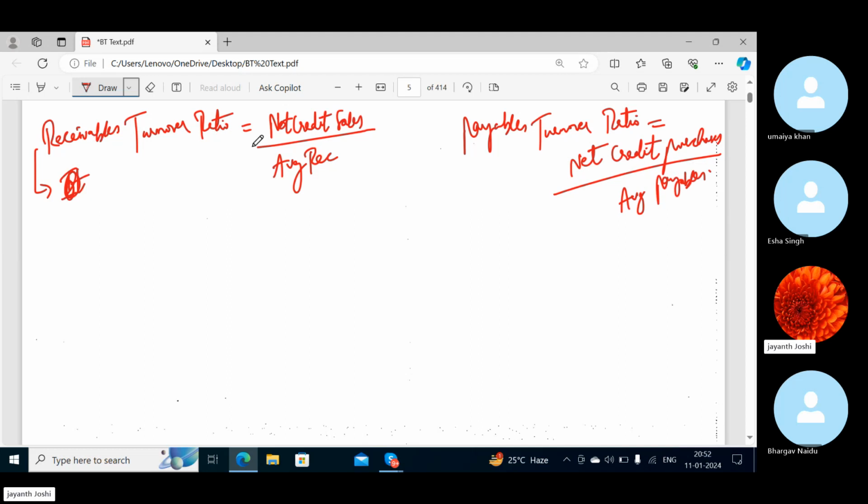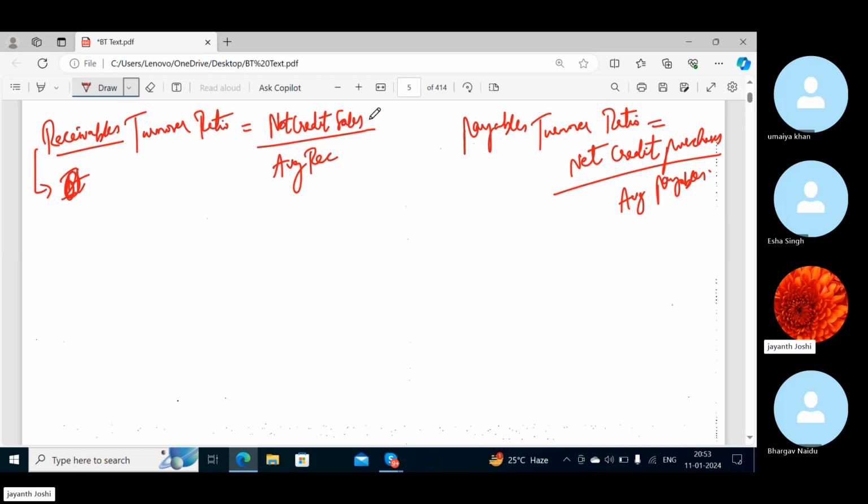Receivables are nothing but the customers to whom we have sold goods on a credit basis. Payables are nothing but the suppliers from whom we have purchased goods on a credit basis. From receivables, we are supposed to collect money. To payables, we are supposed to make payments. So what are we going to see here? Please understand. Net credit sales by average receivables: what does it show?